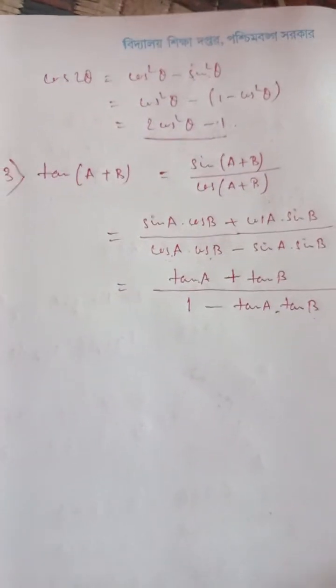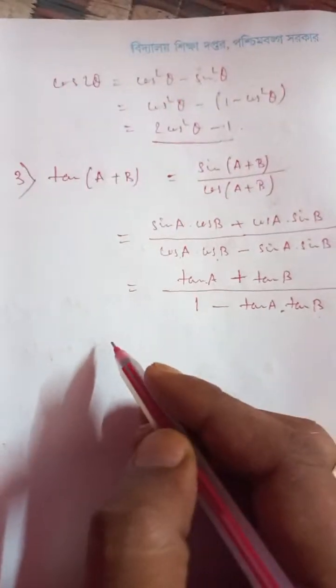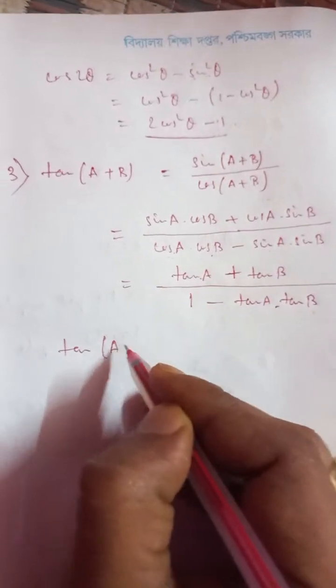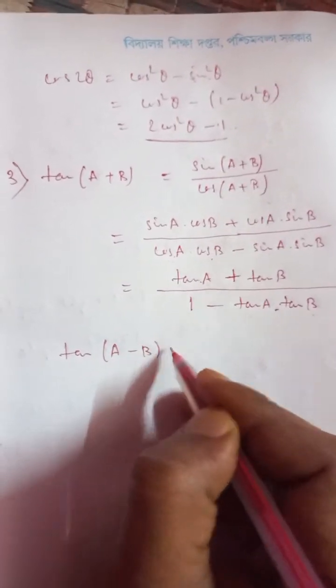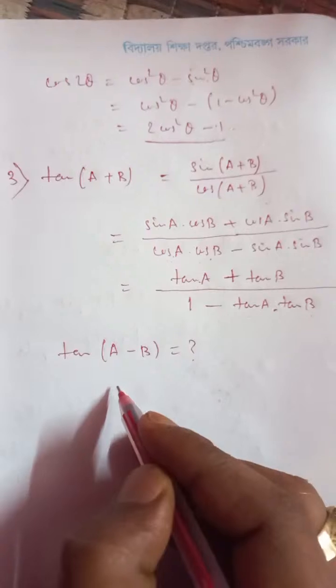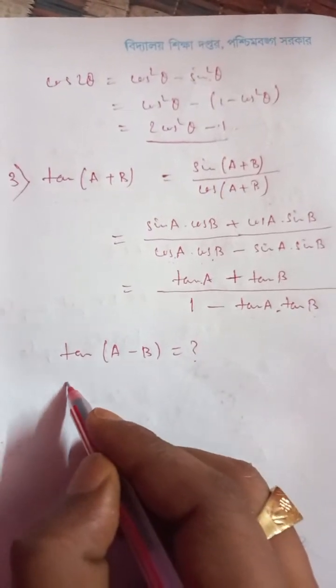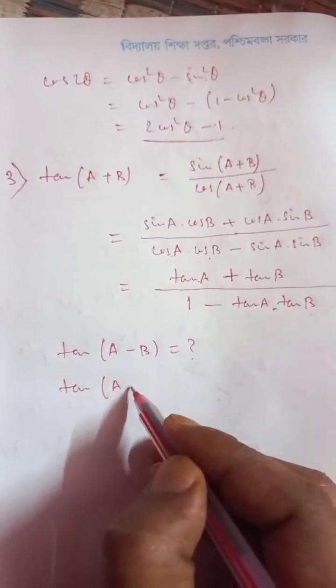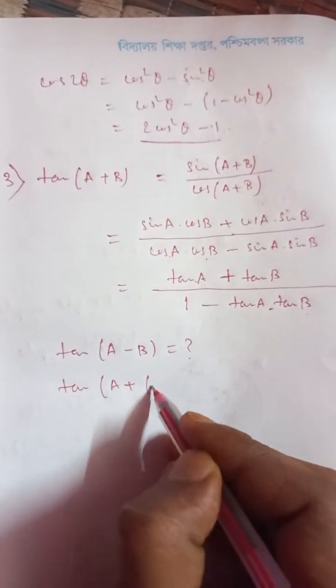Now what will be the value of tan(a minus b)? So this can be further written in this way: tan(a plus minus b).